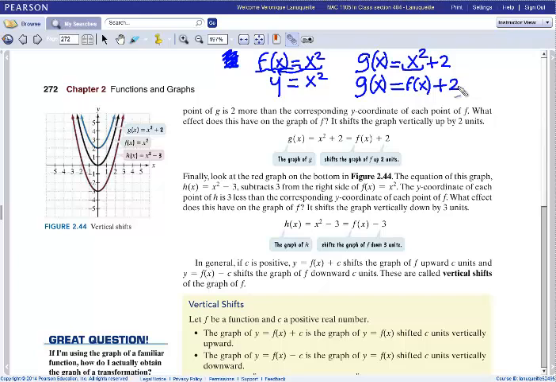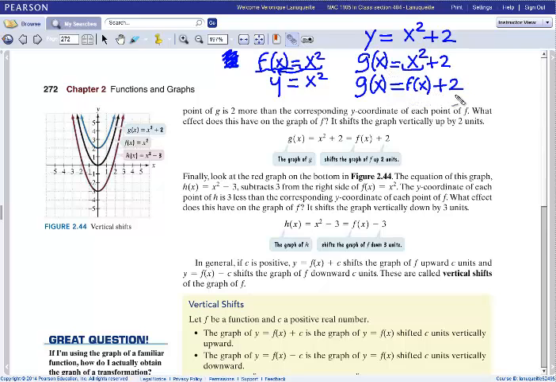So whether you write your new equation as y is equal to x squared plus 2, remember y is always any function you're talking about of x, so y in this case stands for g of x. You could say either y is x squared plus 2 or g of x is f of x plus 2.